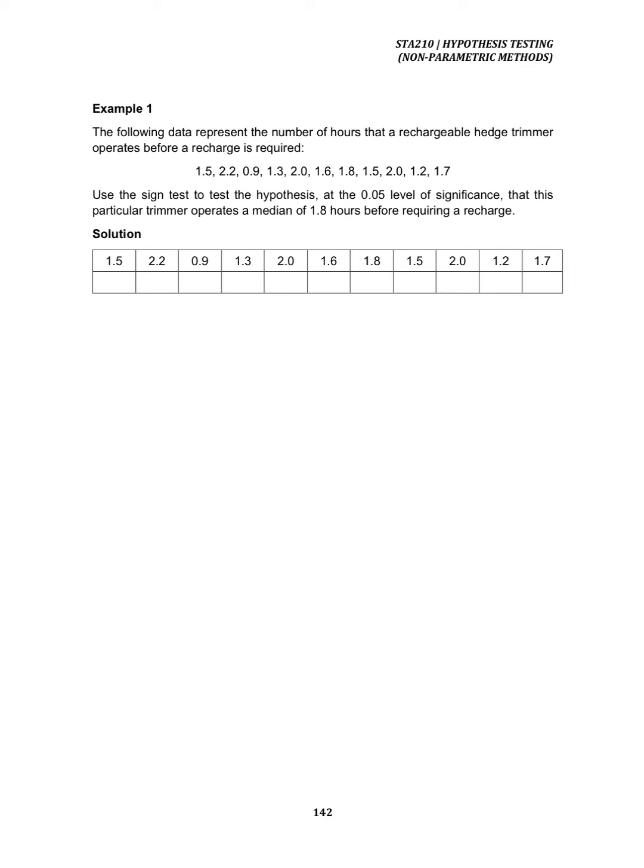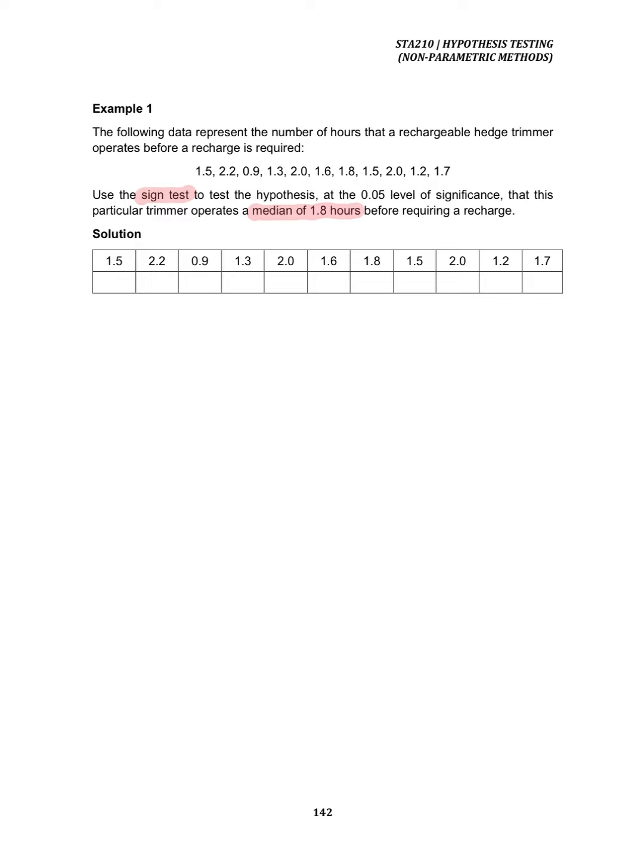Okay, let's take a look at example 1. The following data represent the number of hours that a rechargeable hedge trimmer operates before a recharge is required. Okay, use the sign test to test the hypothesis at the 5% level of significance that this particular trimmer operates a median of 1.8 hours before requiring a recharge.